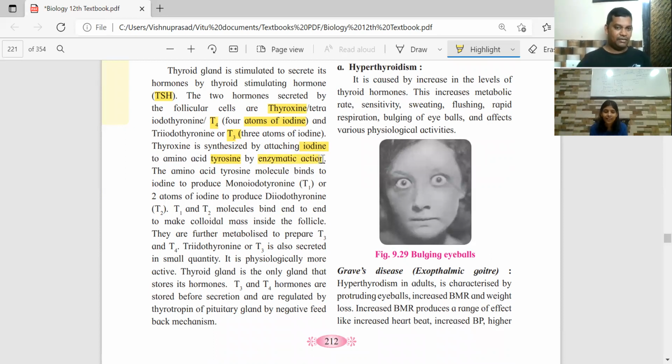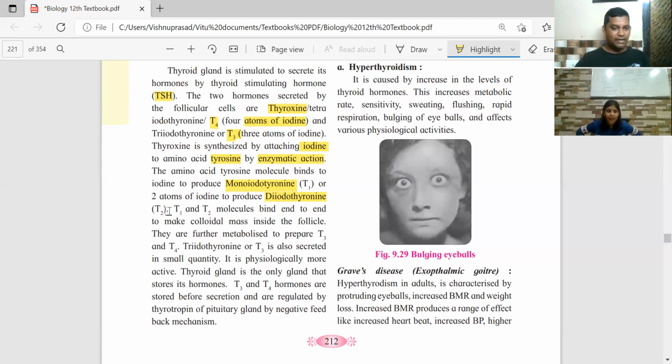The tyrosine molecule will bind to iodine and first produce T1, that is monoiodothyronine. Then this compound will bind with one more atom of iodine to produce diiodothyronine, T2.